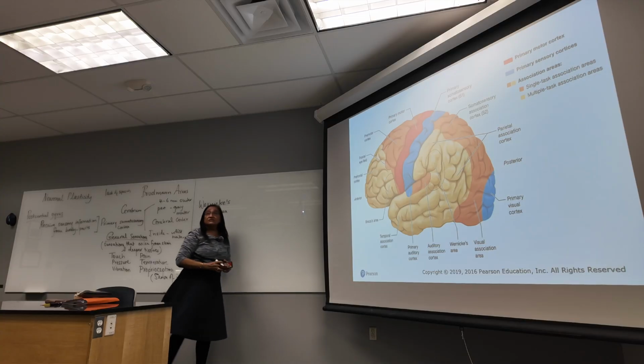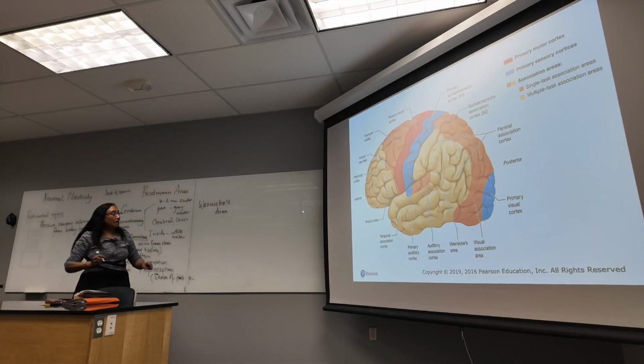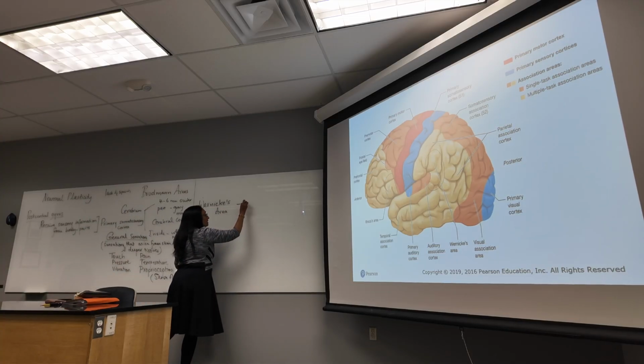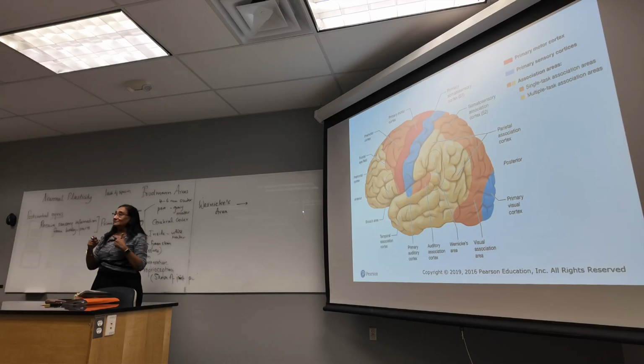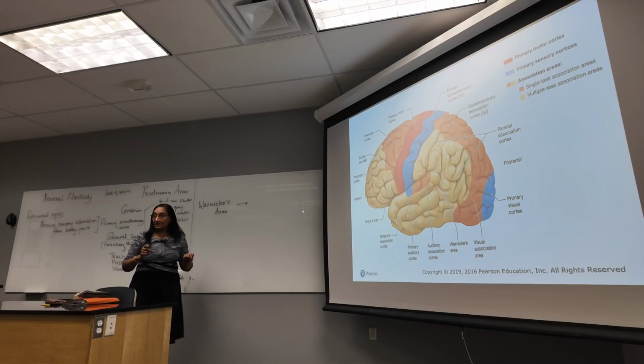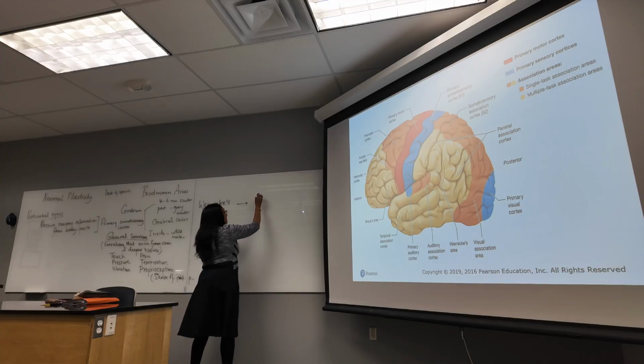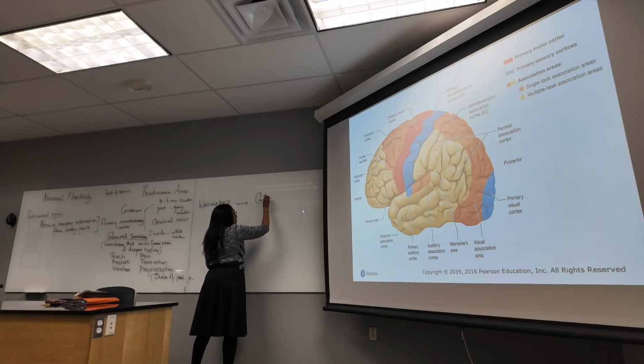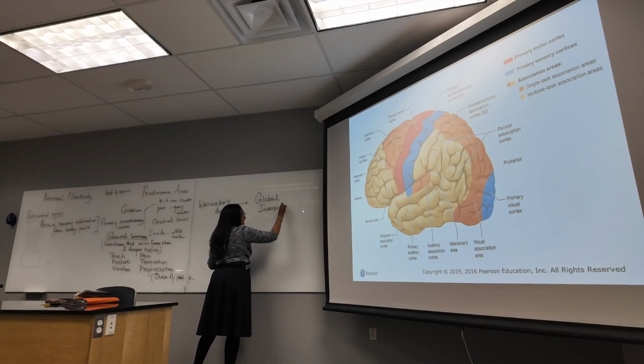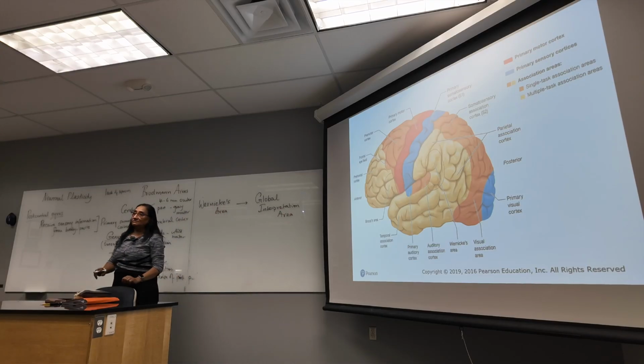The neurons in this region are responsible for interpretation. They actually interpret things. It's referred to as the global interpretation area.